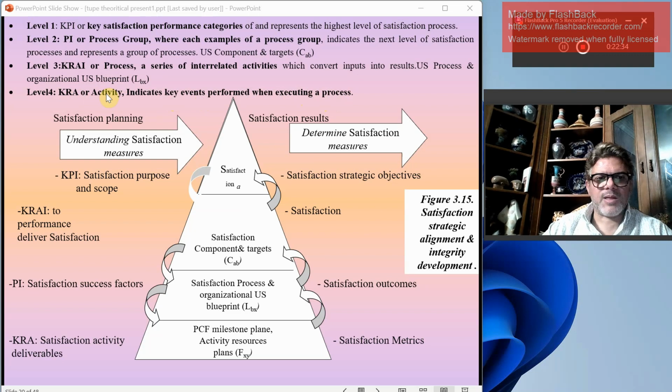See, activity here is day-to-day operational. Okay, so let's say a user satisfaction, he wants to be the first in his class.